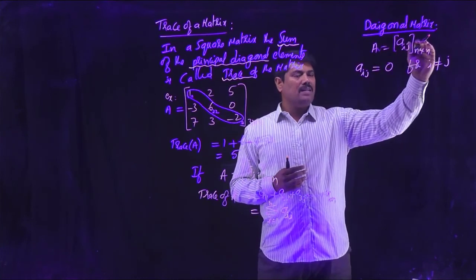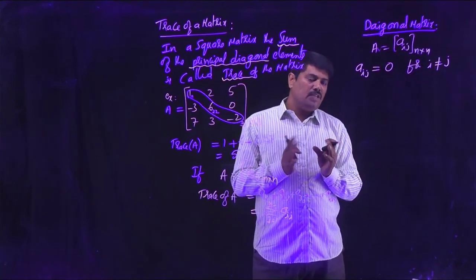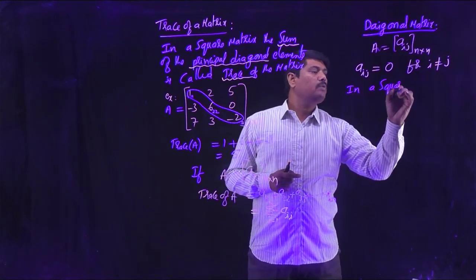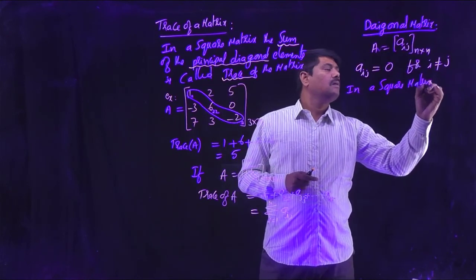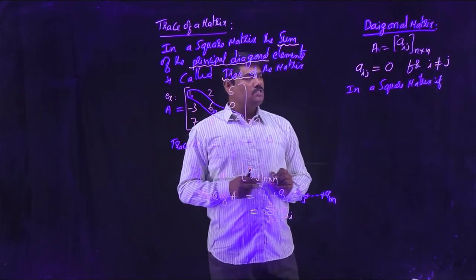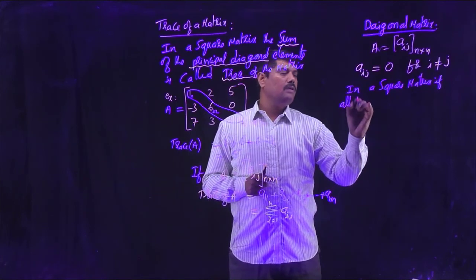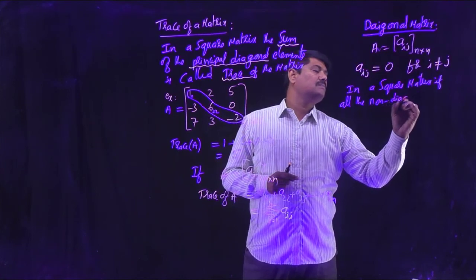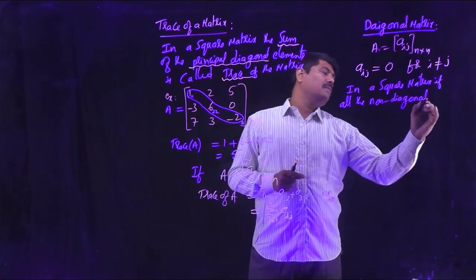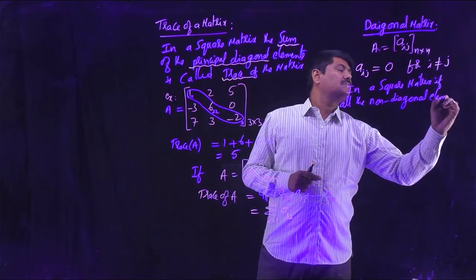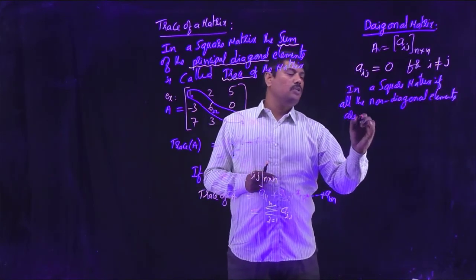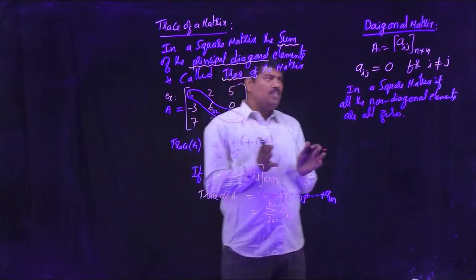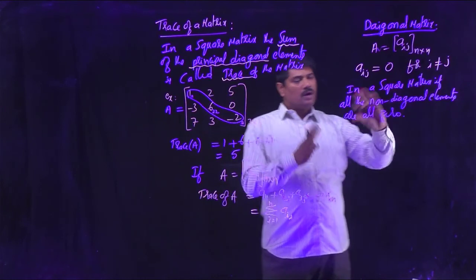In a square matrix, you have to remember the definition like this also. In a square matrix, if all the non-diagonal elements are all 0, you can give the definition in short notation form or with words.